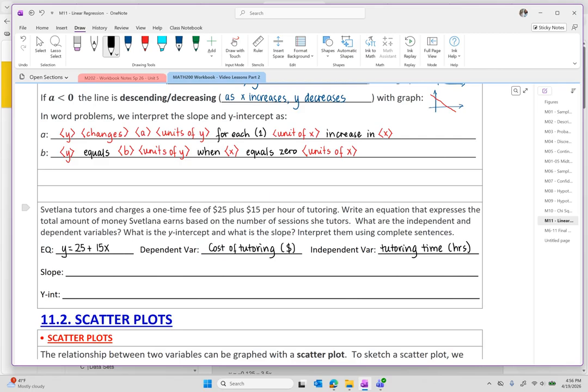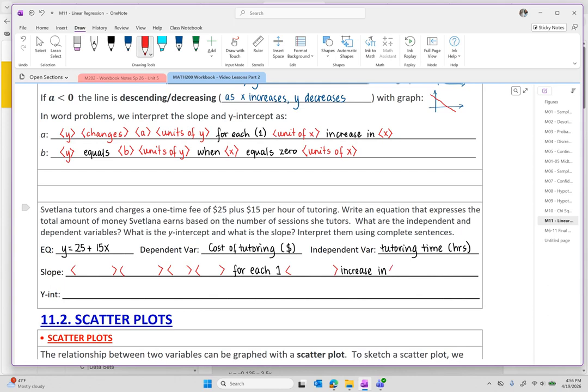So if I wanted to interpret the slope, I will put in the places of y, changes, a, the value of units of y, for each 1 unit of x increase in x.